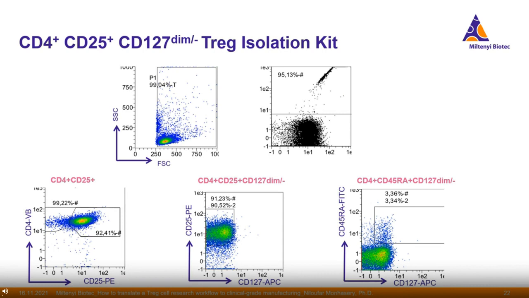And in the negative fraction, you will see that the ratio of the CD4, CD25 or CD127 dim negative cells is not that high. To be honest, it's one of my favorite isolation kits that helps you really reach high purity with a very good recovery, and also enables you to isolate your naive Tregs that you can expand for a long time in culture as well.